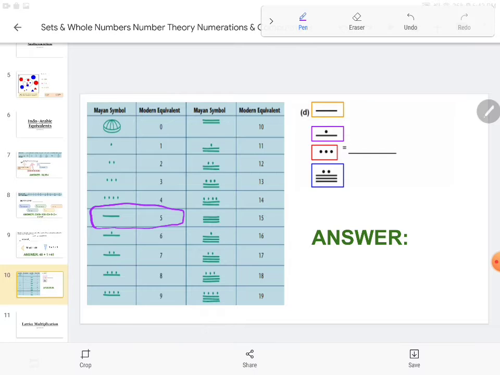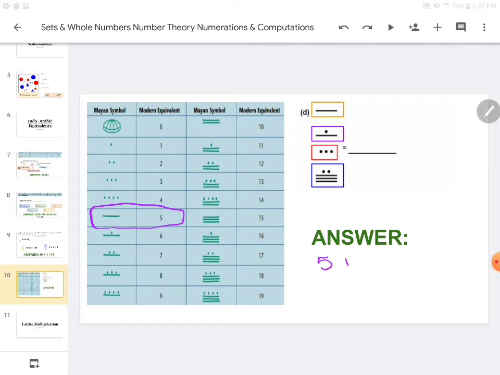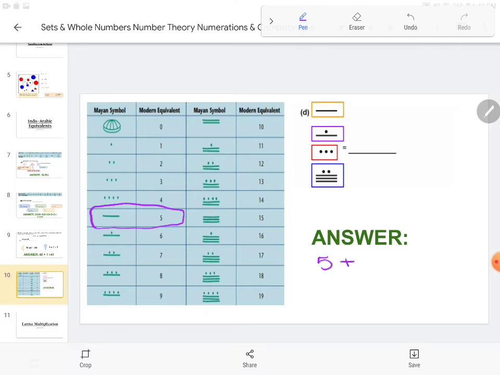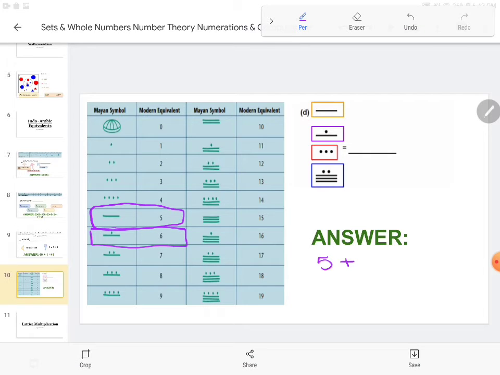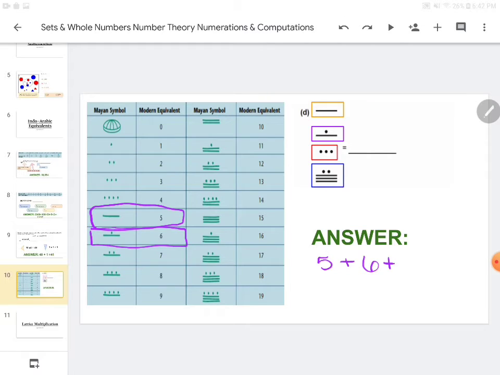And one straight line is going to be equivalent to 5. So we'll add that to our equation. The second part of our problem in the purple box, we have a line with 1 dot on top. So we look through our problem. Well, the next box has the same image, the one right after our first one. And that one says that it's worth 6 points. So we're going to go ahead and add 6 to our problem.